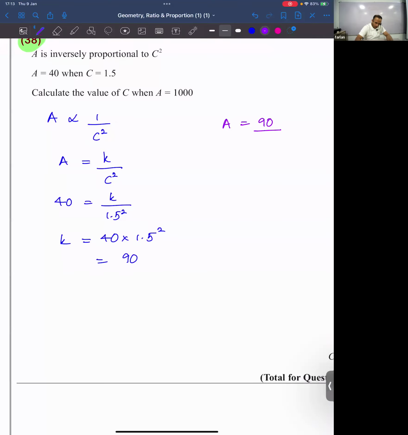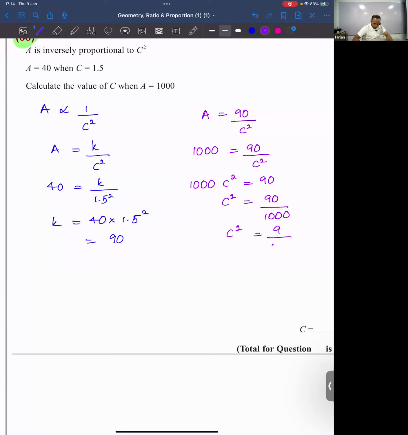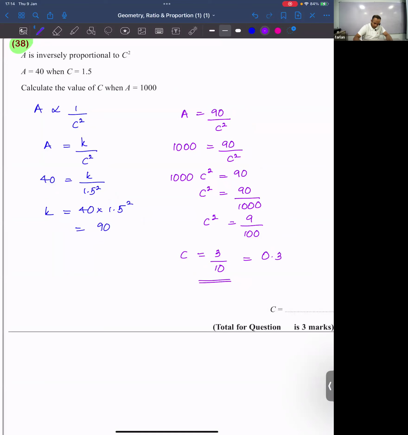Then C square equals 9 over 100. So C is equal to square root of 9 over 100. That is 3 over 10 in fractions, or in decimals, 0.3. Have you got 0.3?